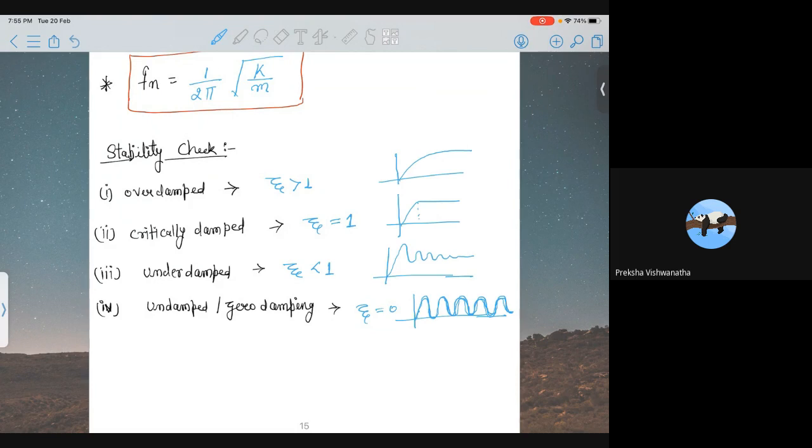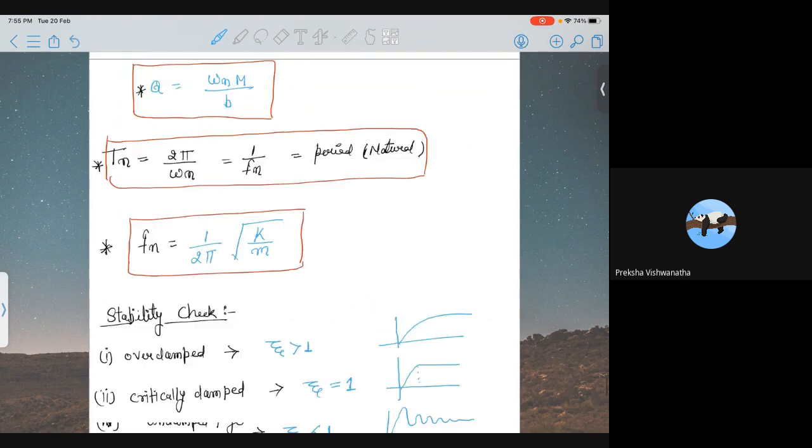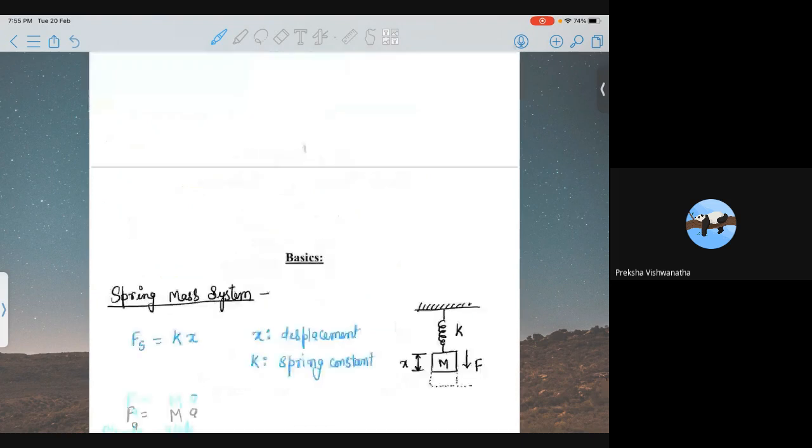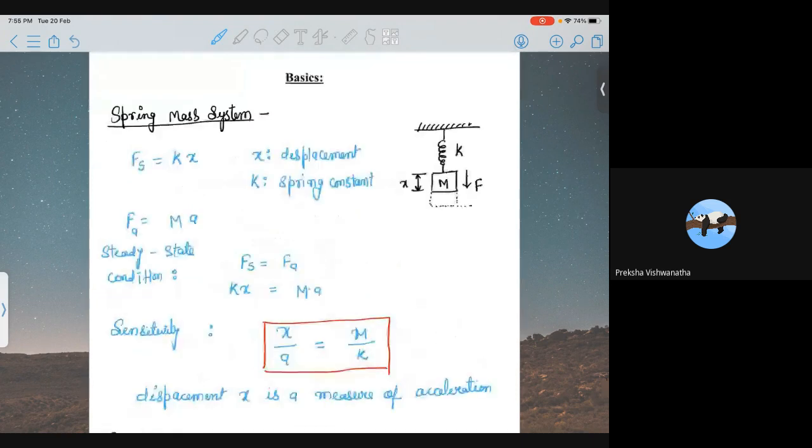So now I'm going to summarize today's lecture, today's tutorial session. For today's session, first we started with the spring mass system or sensitivity of the accelerometer.